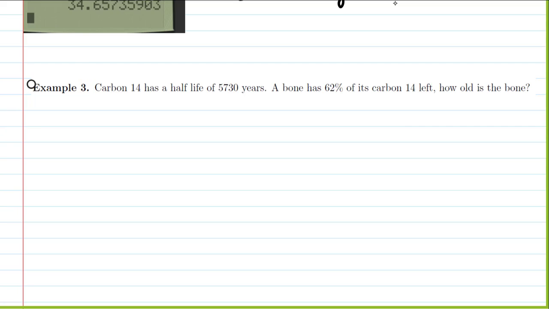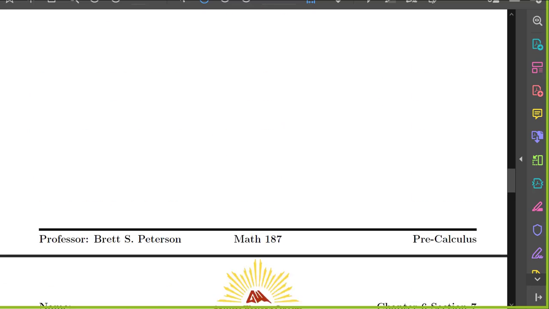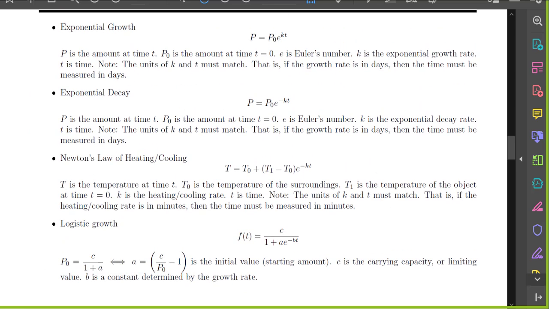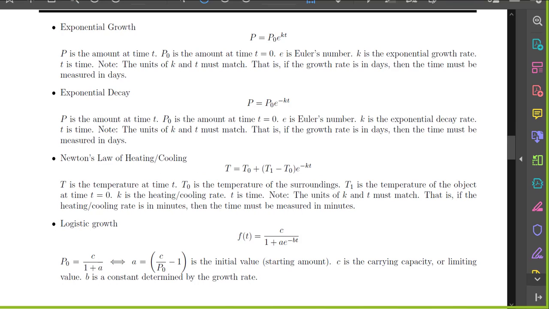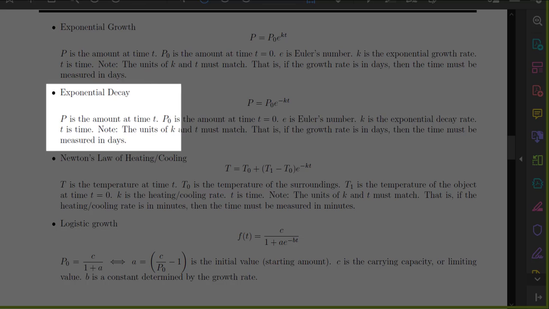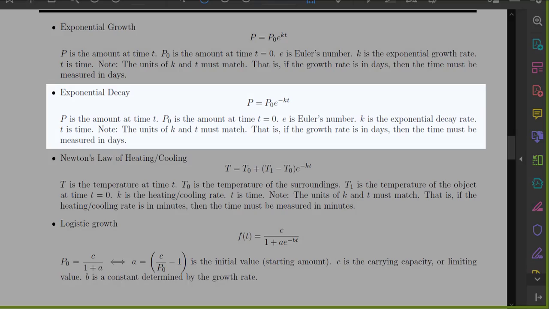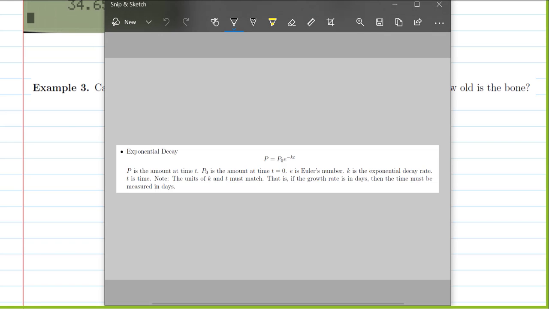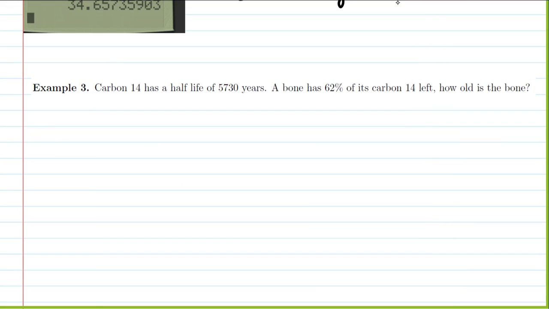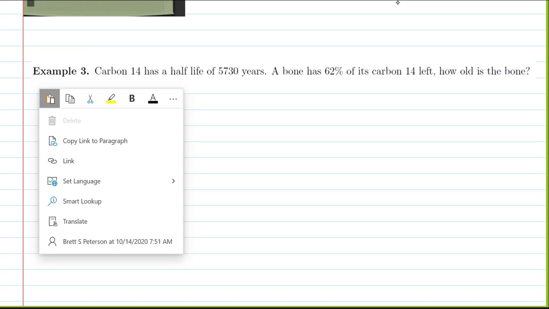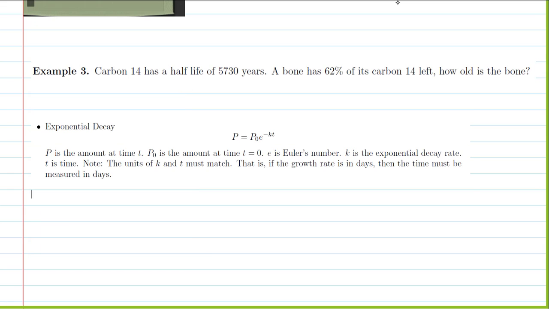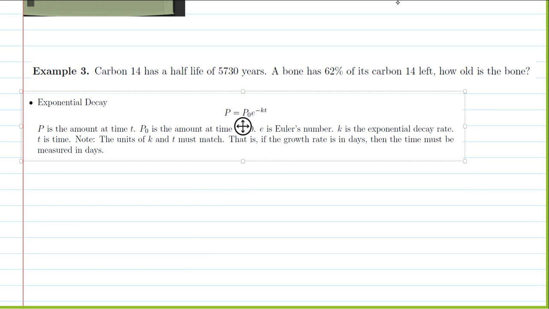So the model we're going to want to use this time is exponential decay. You'll notice the only difference between exponential growth and exponential decay is a minus sign on the growth rate. When we have exponential decay, our growth rate will have a minus sign in front of it.